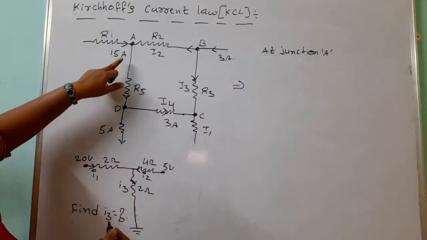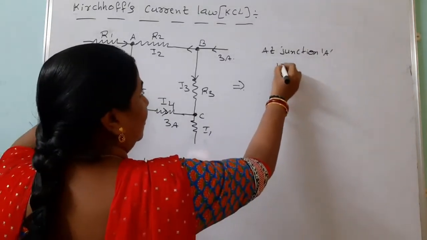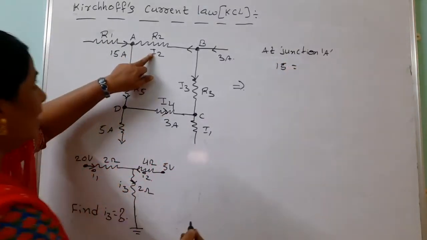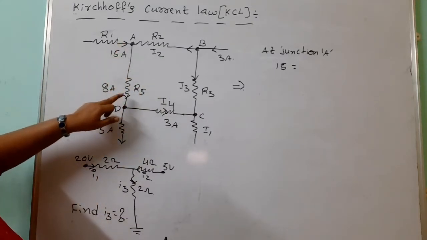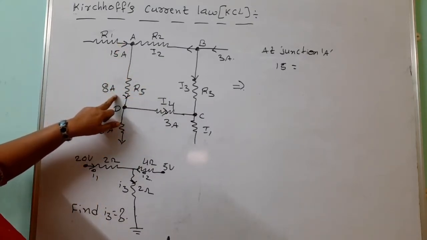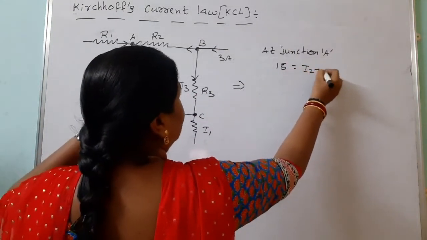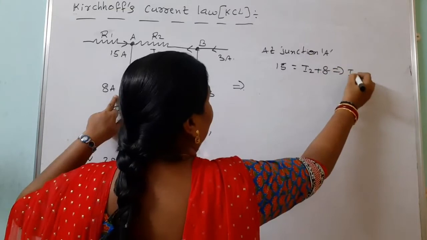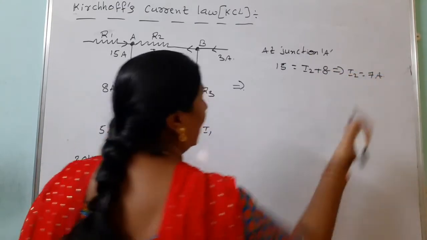Only one incoming current, that is 15 amperes. So we can write 15 amperes equals I2 plus 8 amperes, because they have given that across R5 the current is 8 amperes. From this, I2 equals 15 minus 8, which is 7 amperes.